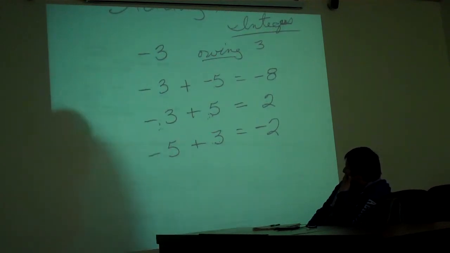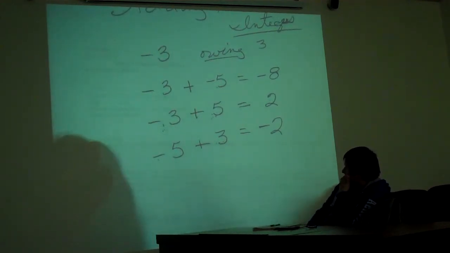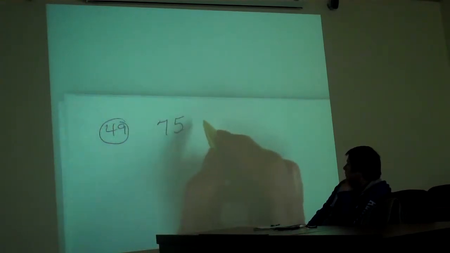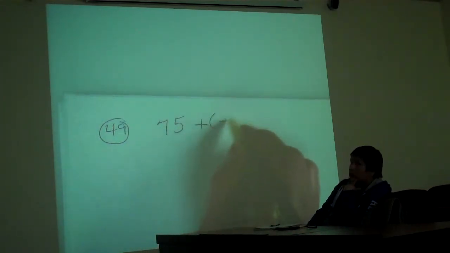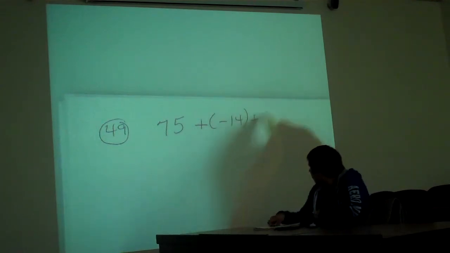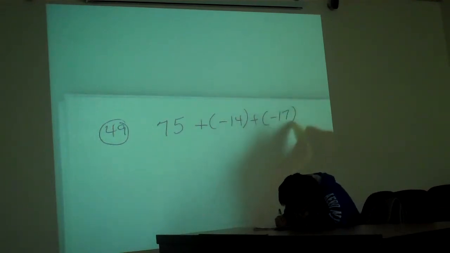What if you have a big long string of numbers that you're having to add? Let's do number 49. 75 plus a negative 14 plus negative 17 plus negative 5.